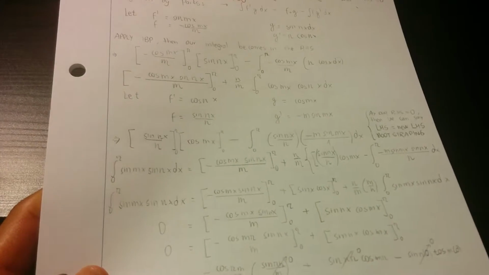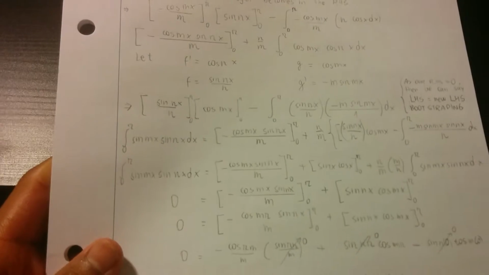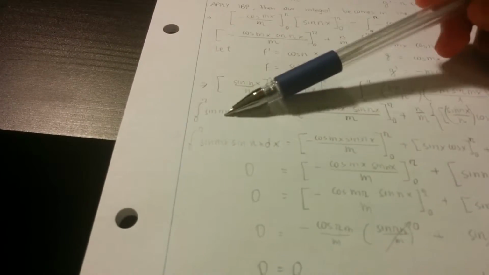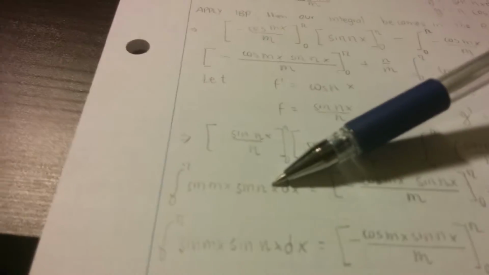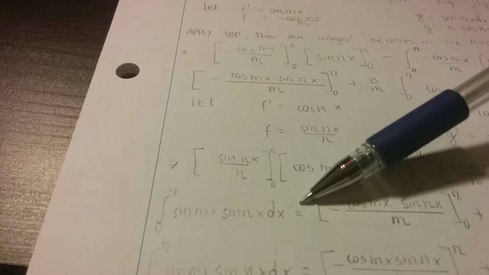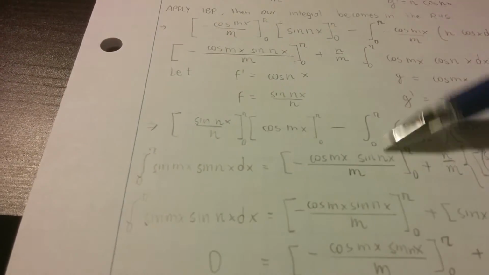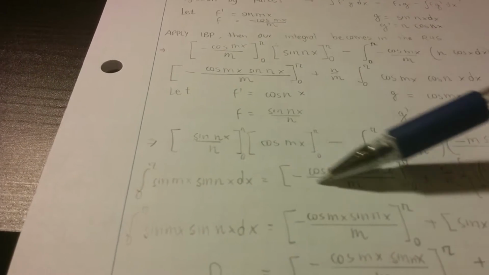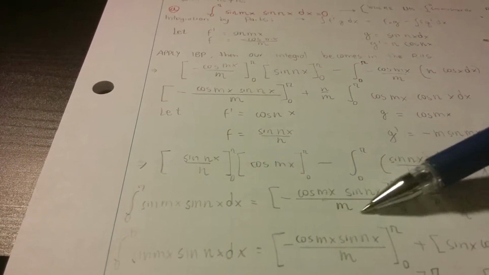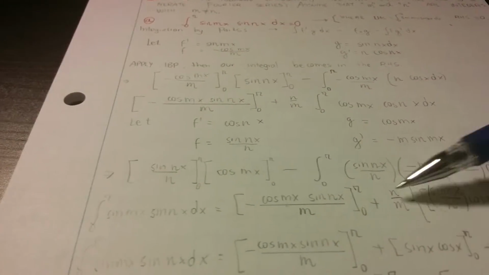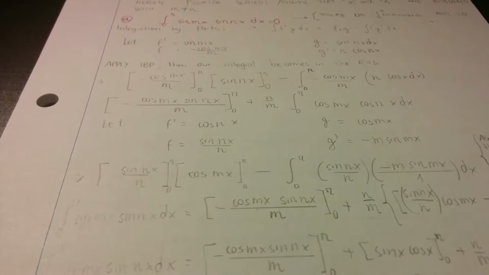Hopefully you will see. So here, as you see, we continue operating. We have the sine of mx multiplied by sine of nx, and then this is equal to our new integral, which is the constant numbers multiplied by our new integral.